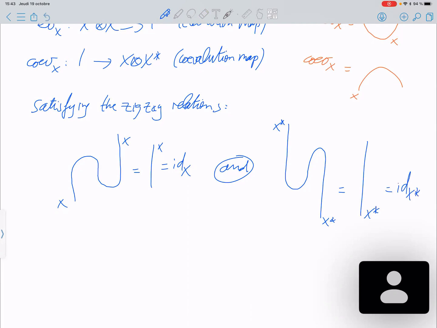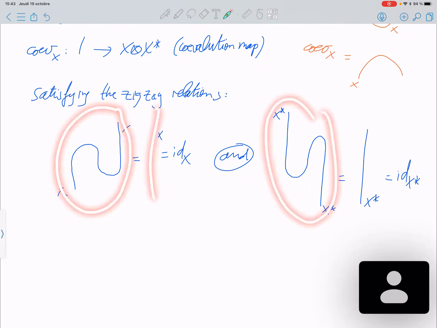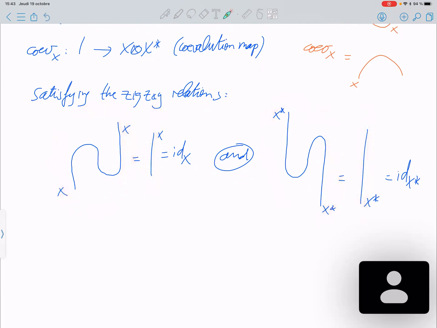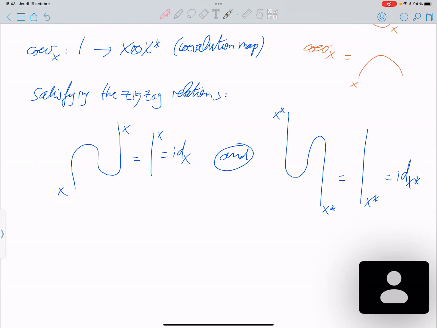As long as you have such a zigzag in a pictorial calculus, you can replace it by a straight line. This is the zigzag relation.